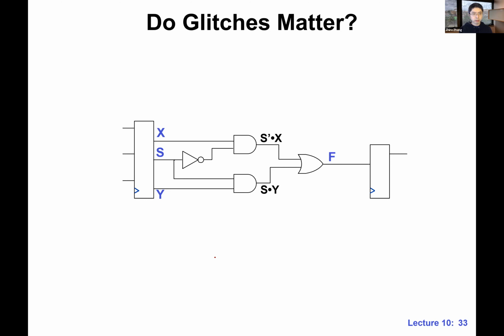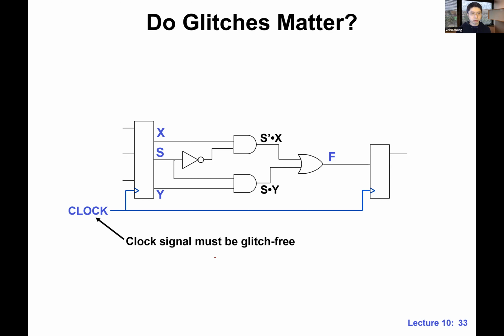Usually the inputs are connected to the flip-flops, and also the outputs are connected to the flip-flops, and we sample the changes at the clock edges. As long as the glitch does not happen at the clock edge, we are fine. This is the reason that we really want to make use of flip-flops to capture the state of the circuit, because it's edge sensitive.